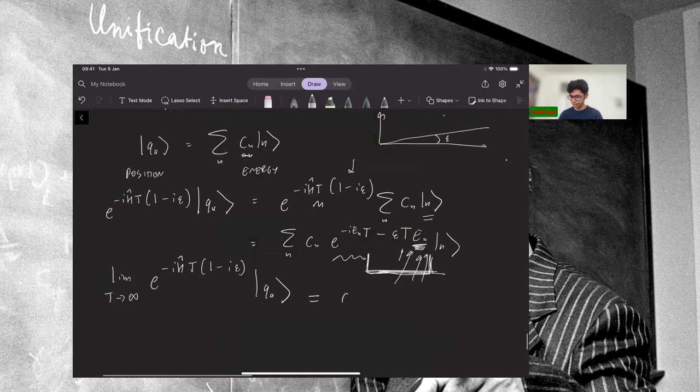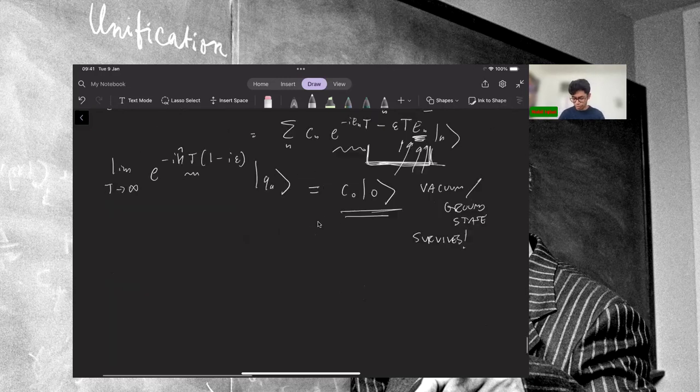The vacuum, or the ground state, survives, and every other state goes away. In other words, it is really easy to get the ground state. All you should do is evolve in slightly imaginary time.